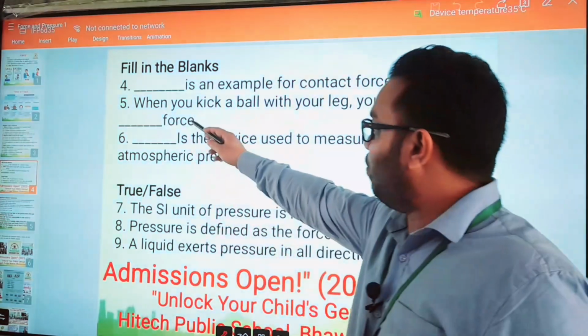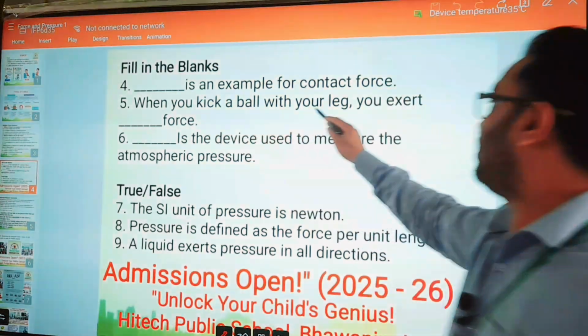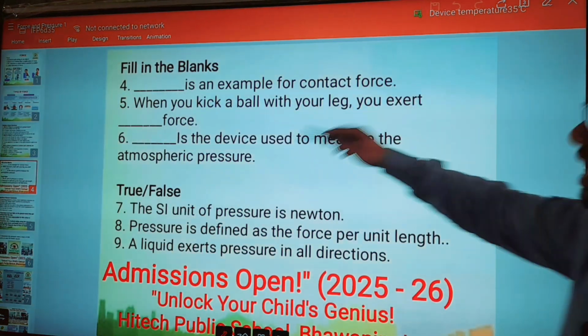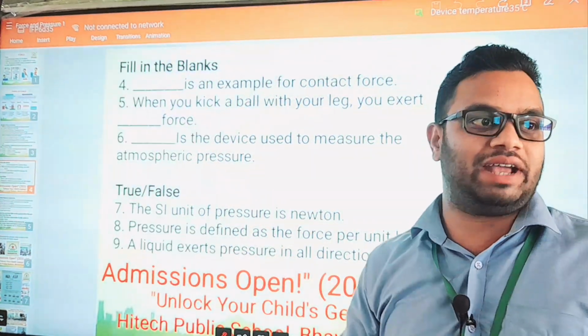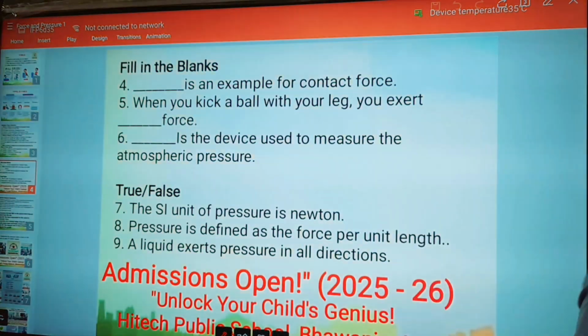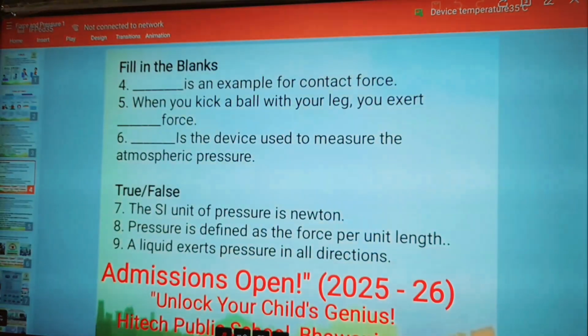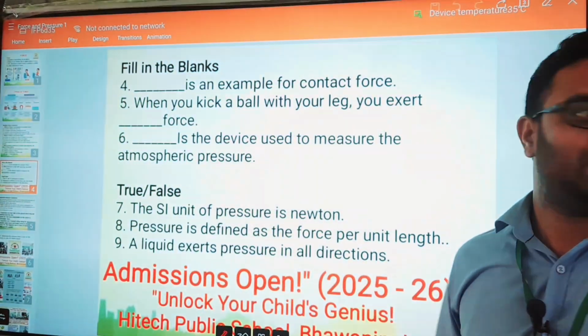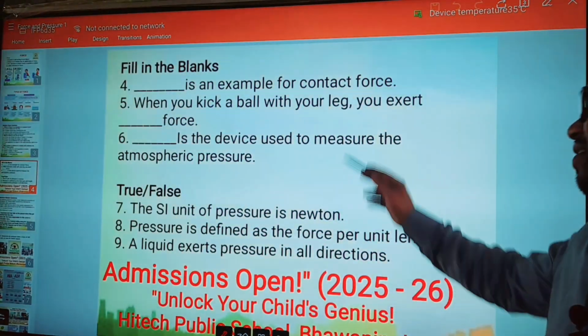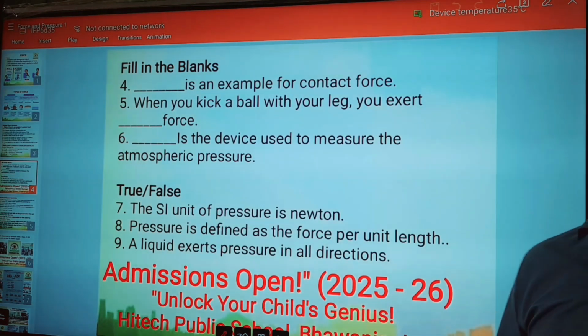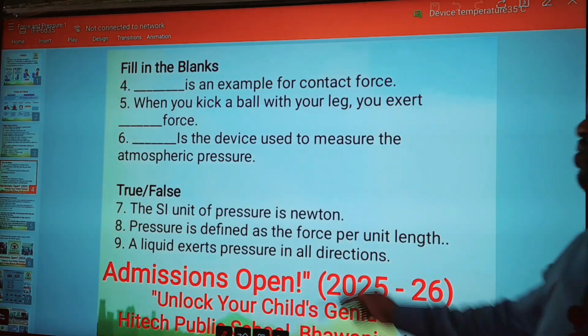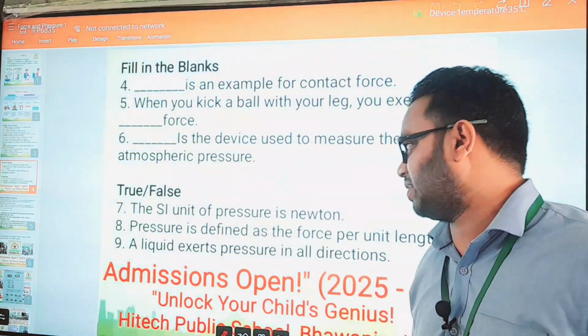Then when you kick a ball with your leg, you exert dash force. Very good. Muscular force. Dash is the device used to measure atmospheric pressure. Who can say? Barometer. Very good. Barometer is the correct answer. Barometer is used to measure atmospheric pressure.